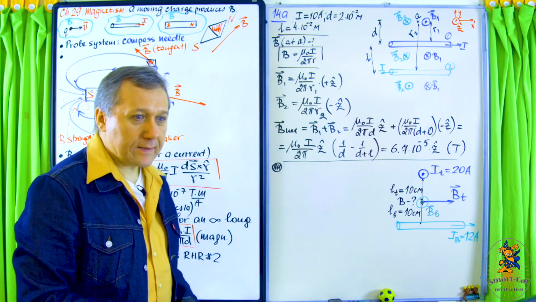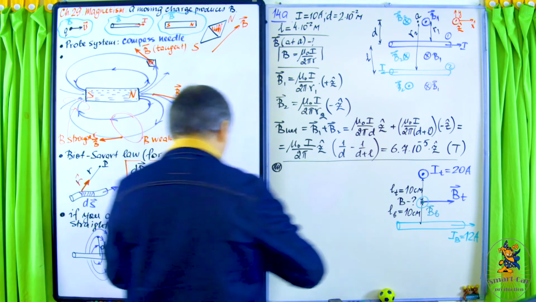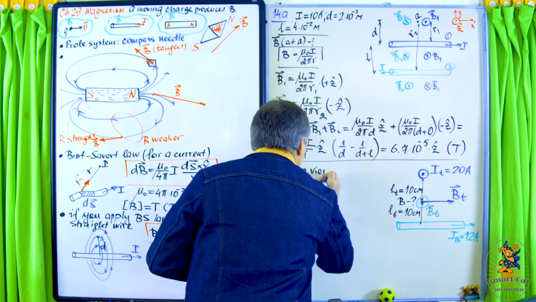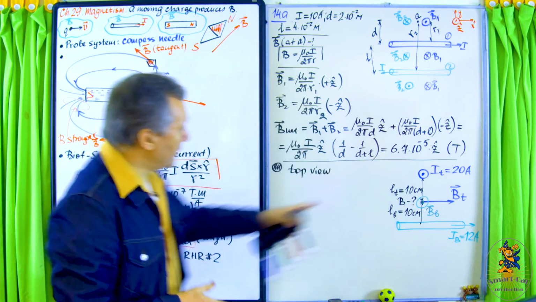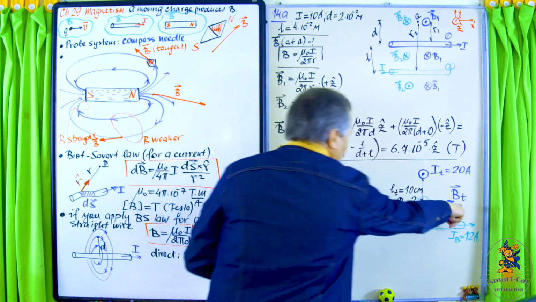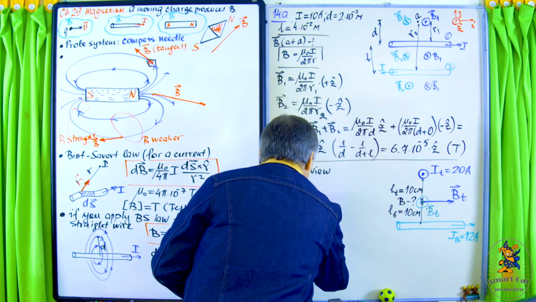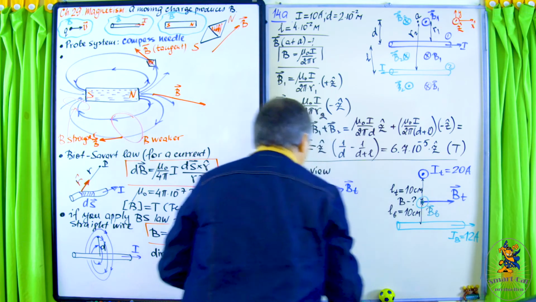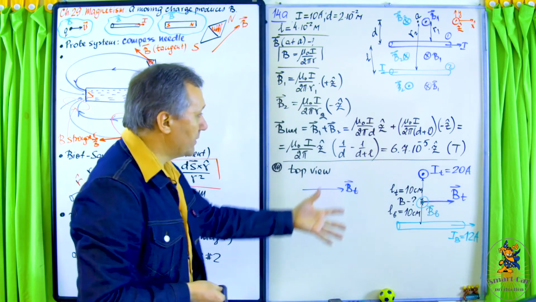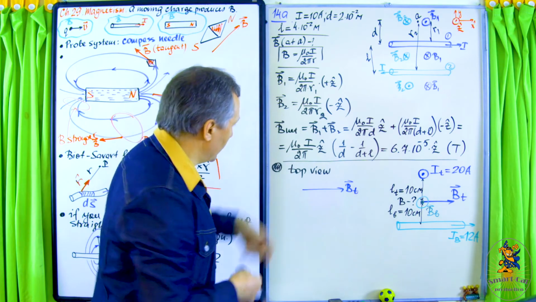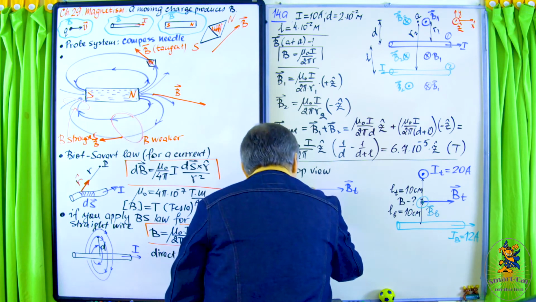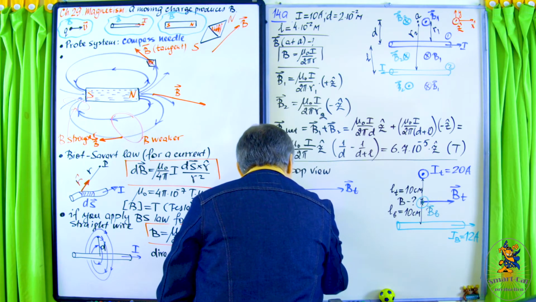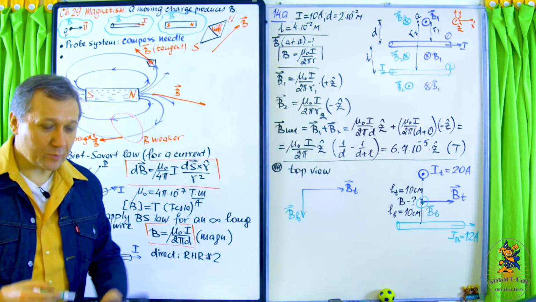So in order to see what needs to be done, let me write top view. So magnetic field B sub T, it's that way. So let me draw it. B sub T, right? And then B sub B, okay, it's a top view, so it's towards us. So I will draw it just below, lower, this way. So this will be B sub B. So that's what we see.